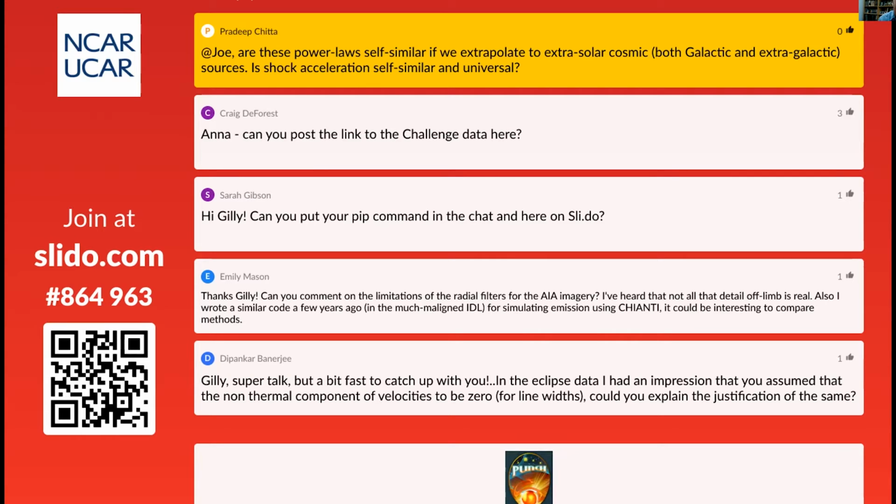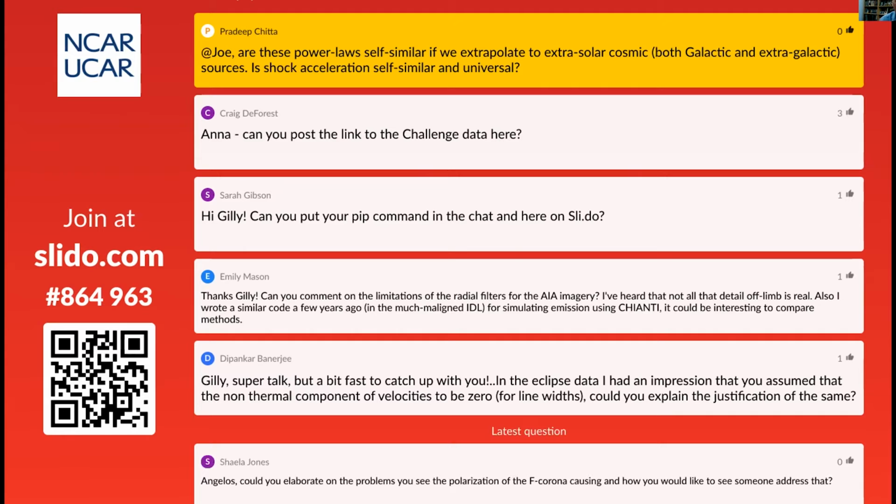The yes is that the power law depends only on the plasma density compression across the shock. That's the only parameter that comes into play here. So it's yes that the plasma density jump is the only thing that matters. But different shocks have different plasma density jumps, and that's why you would get differences.